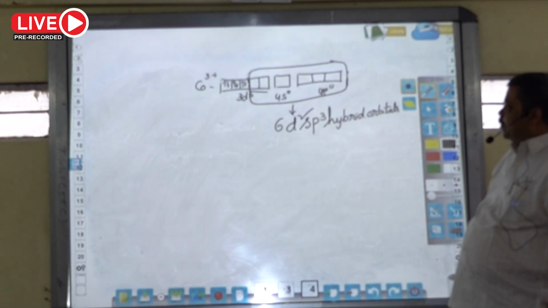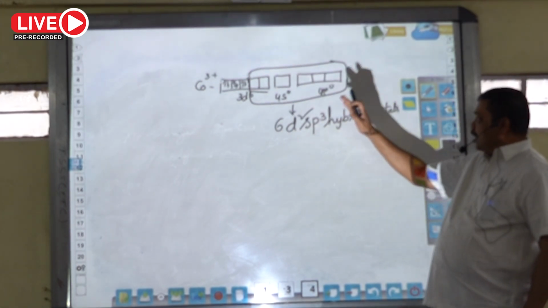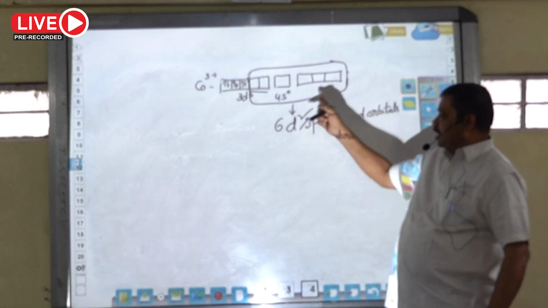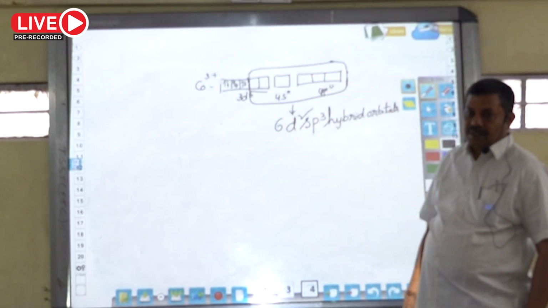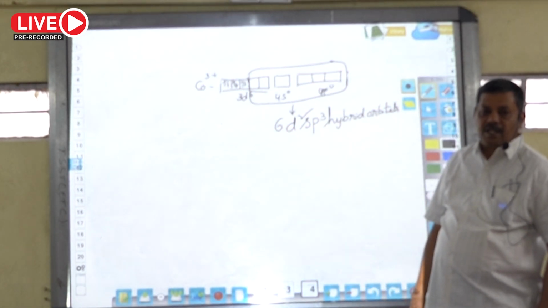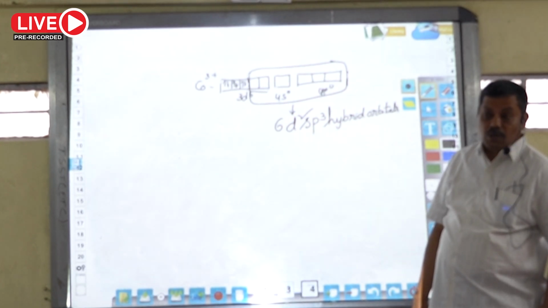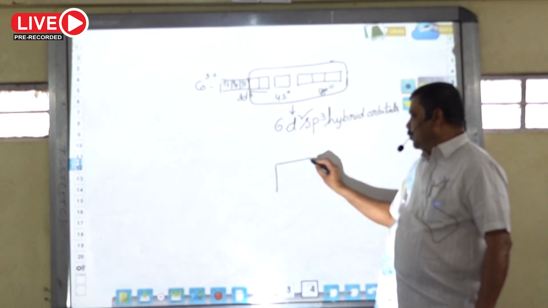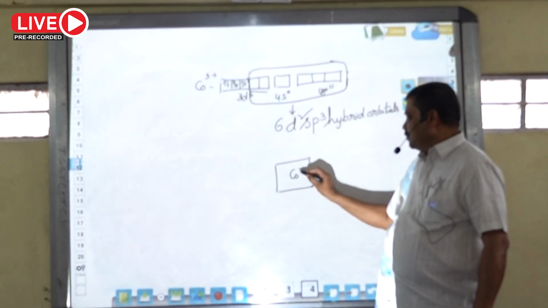Are the inner d orbitals participating or outer d orbitals? Inner. The outer shell is the 4th shell, the inner shell is the 3rd shell. That's why the complex will be an inner orbital complex, which is also called a low spin complex. So here the shape of the complex is octahedral.